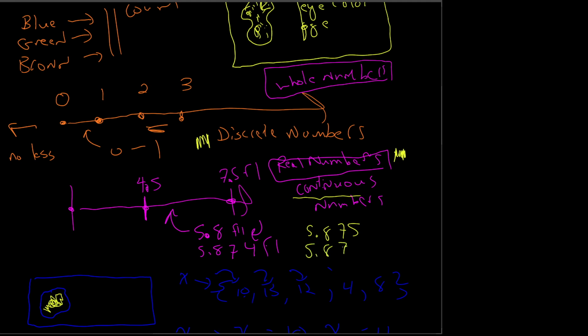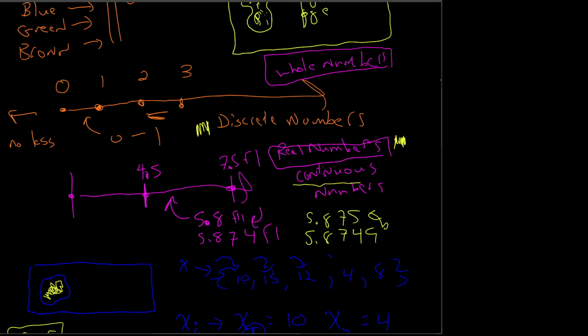I can always squeeze another number near it, and these are two different numbers based off of how well we can measure. And they're going to affect the borders we can see with our data. And so we just have to be aware of that as we move through other things.